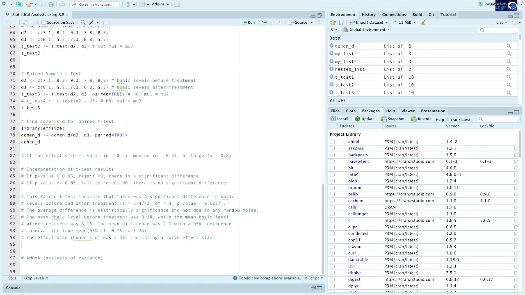But I cannot do a chi-square test using this data. Any data, we first need to transform into a contingency table. So I will transform it into a contingency table using the table function. I am giving table of data gender and data result, and I will get a contingency table like this.